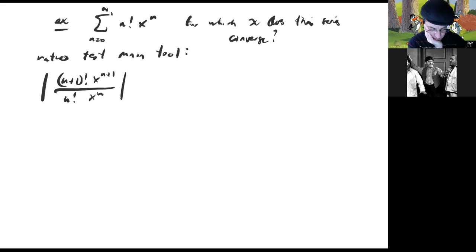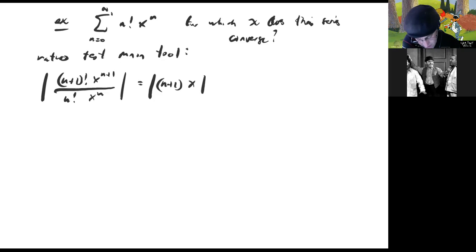Now, this expression, of course, is the same as (n plus 1) factorial over n factorial, which is n plus 1, times x, because x to the n plus 1 over x to the n is x. And you can think of this as n plus 1, since n is always non-negative, times the absolute value of x. Now, what happens when n goes to infinity?